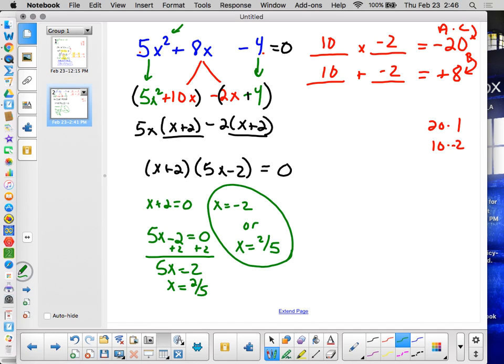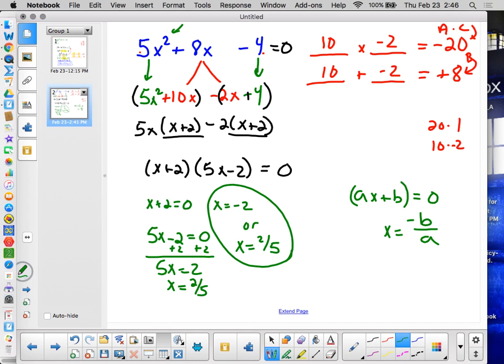Now, as a little shortcut on this solving process, whenever I have ax plus b equals 0, I could shortcut this. The formula here is that x always equals the opposite of b over a.